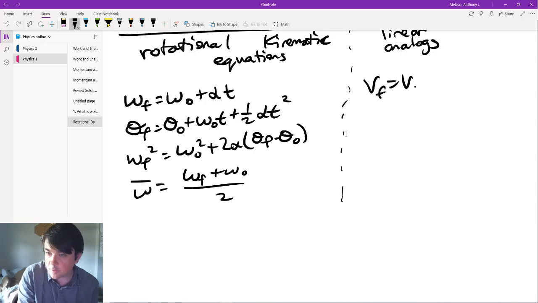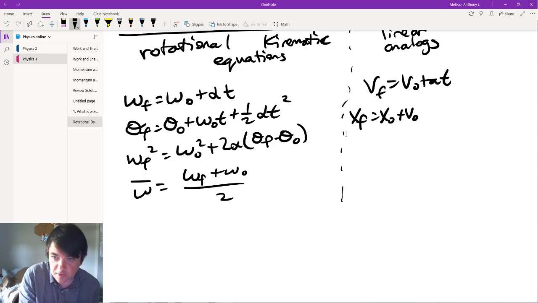V final equals V initial plus at. Omega final equals omega initial plus alpha t. We have x final equals x initial plus v naught t plus 1/2 a t squared. Here we get theta final equals theta initial plus omega initial t plus 1/2 alpha t squared. Same thing.